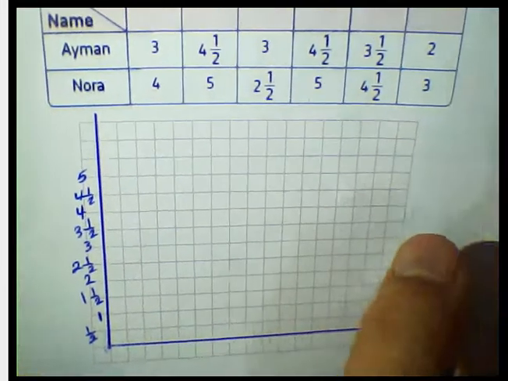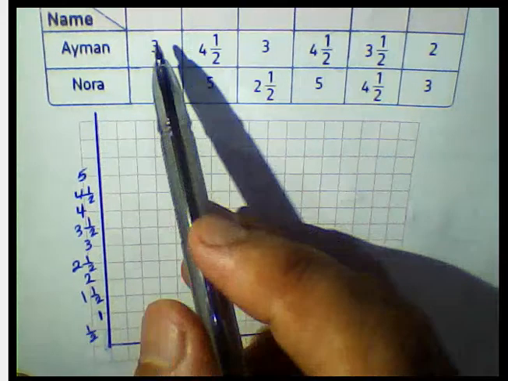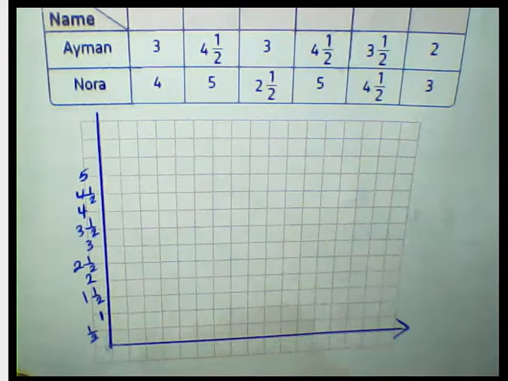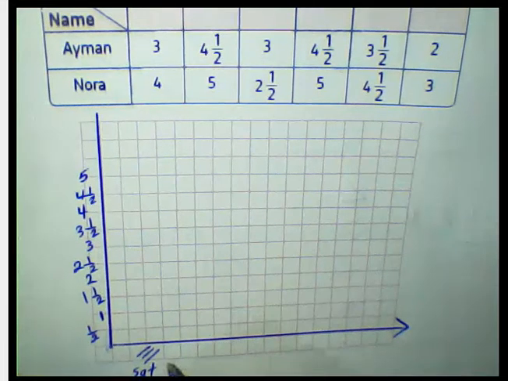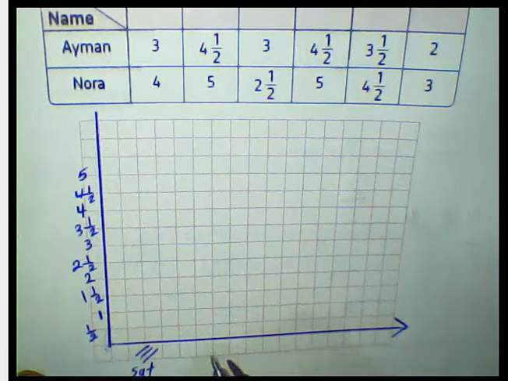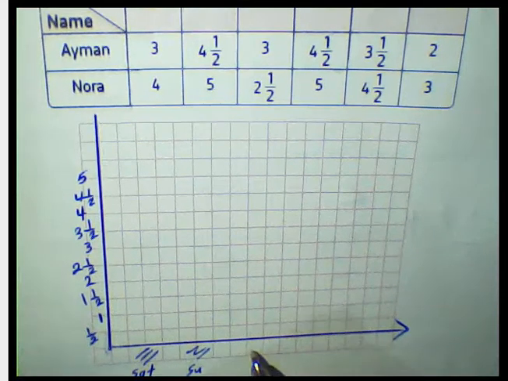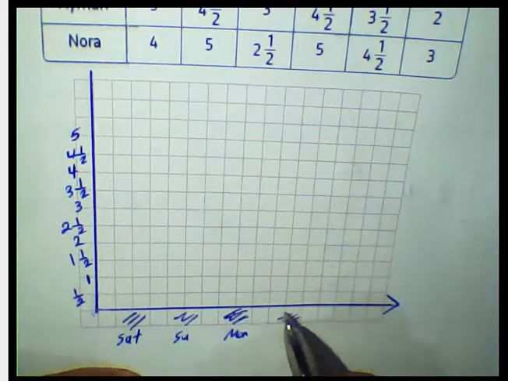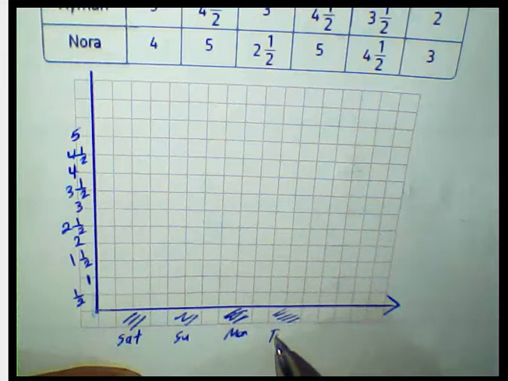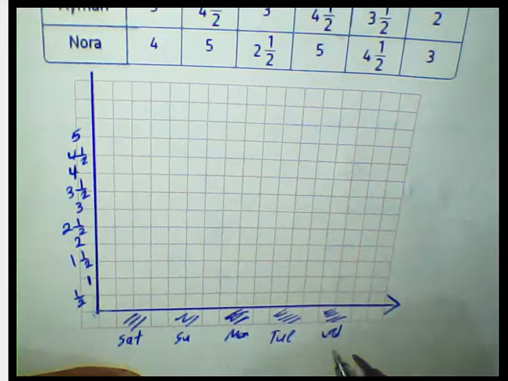Okay. We can draw here Ayman and Nora, and here Saturday. This is Saturday, and right here Sunday, Monday, Tuesday, Wednesday, Thursday.